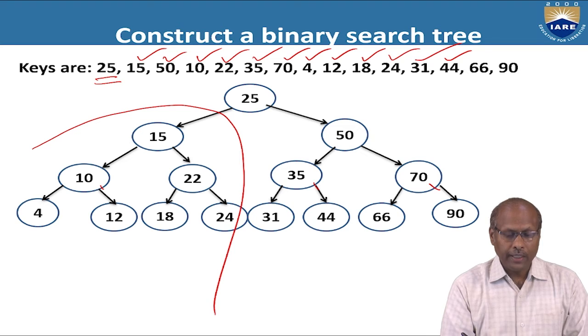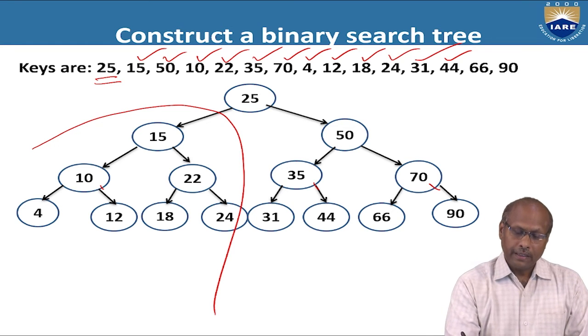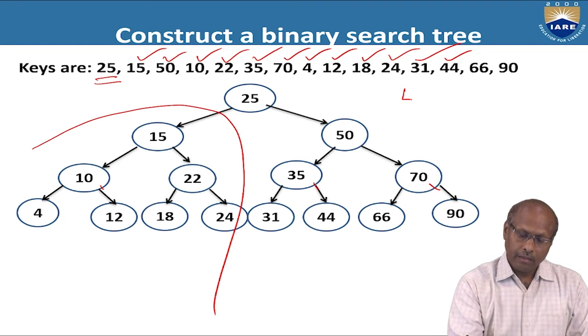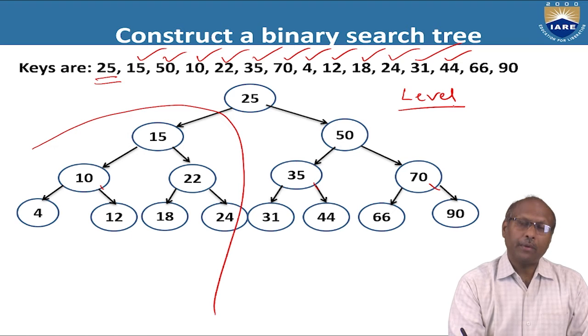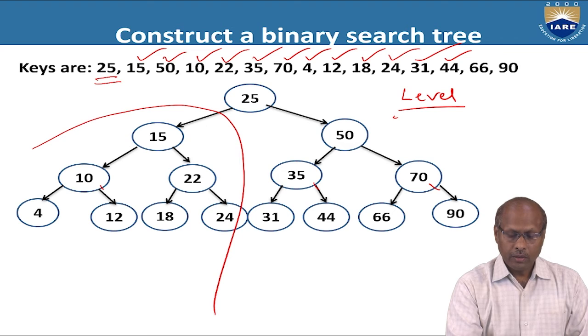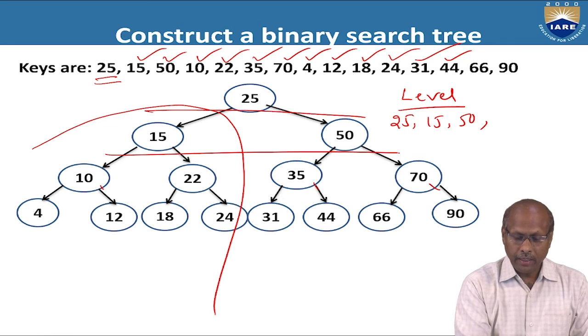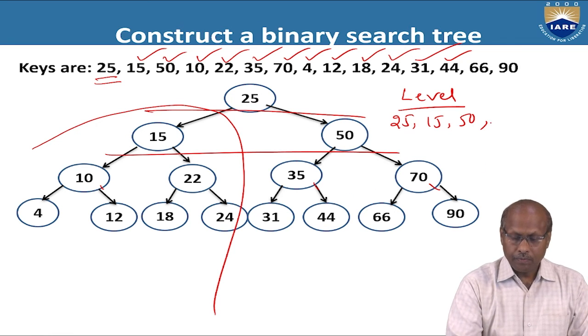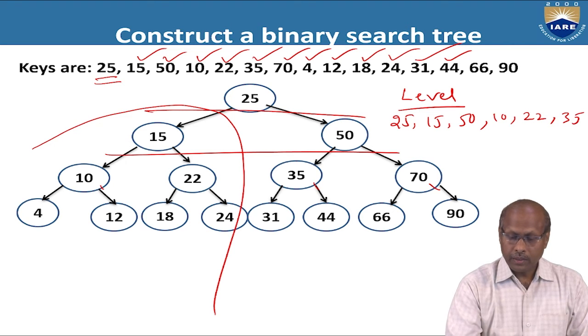Now they may ask a question, what is the level order for this? Most of the time they'll ask what is the level order traversal for the given tree. So you can say level by level. 25, 15, 50 is the first level, second level, next 10, 22, 35, 70.